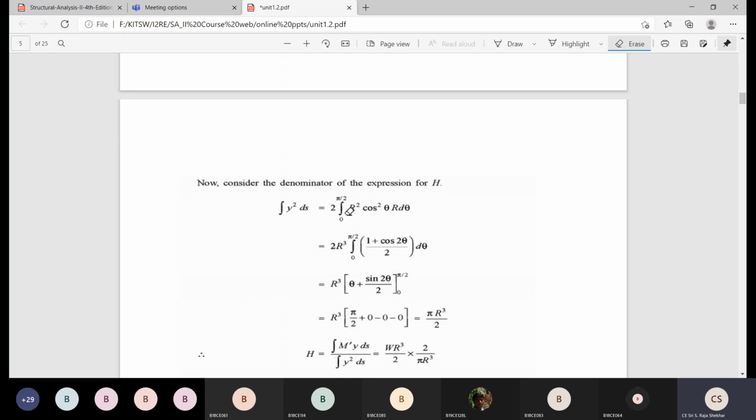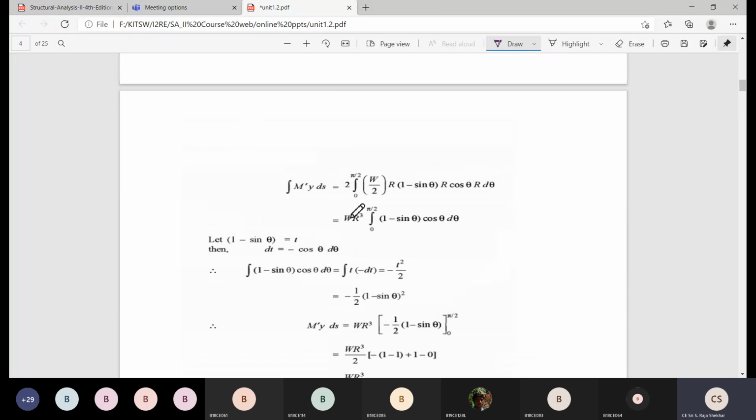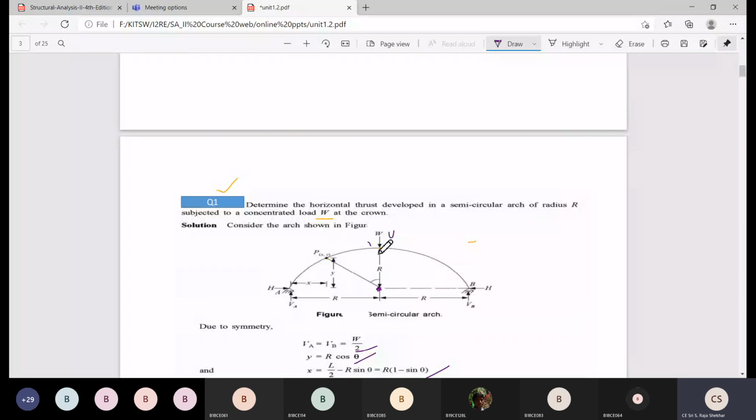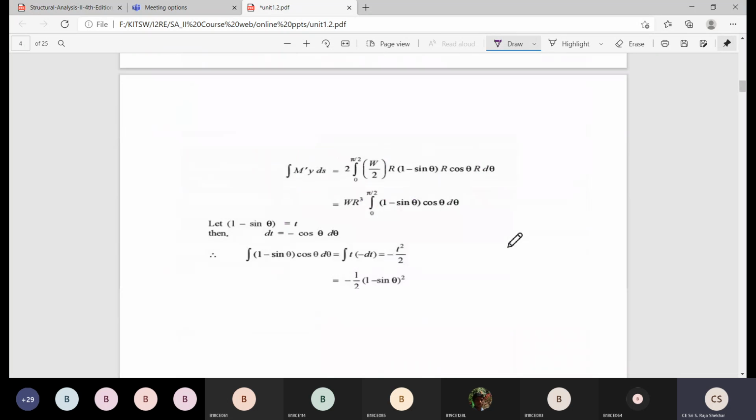Since it is a symmetrical semicircular arch, we integrate one segment and multiply by 2, and automatically we get the integration for the whole arch.